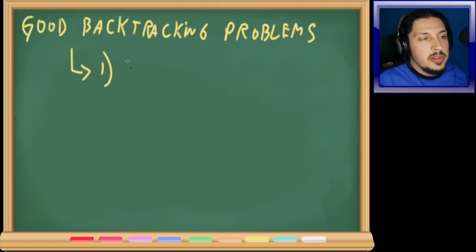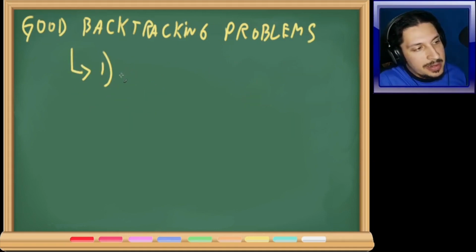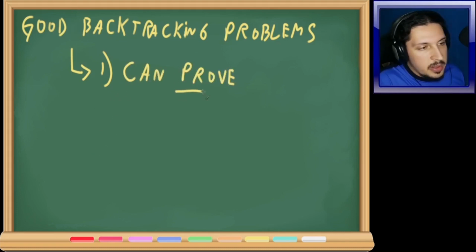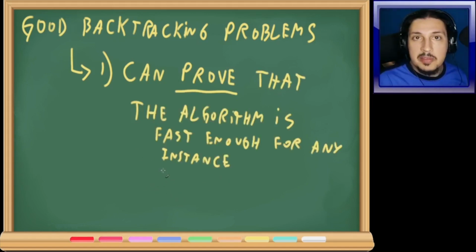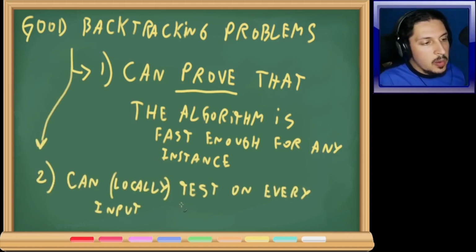Well, according to this clearly subjective criteria, one of two things should hold. You either can prove reasonably well that it works for any possible input, and that basically implies that it's possible to give a good enough complexity analysis, or you can locally test it on every input to see for yourself whether it is fast enough or not.